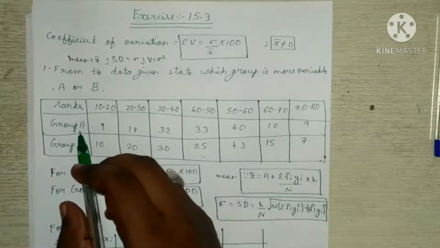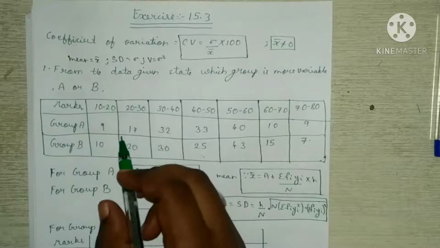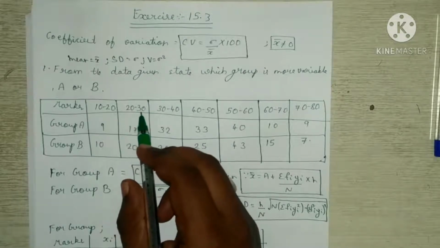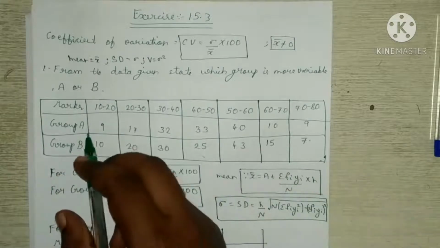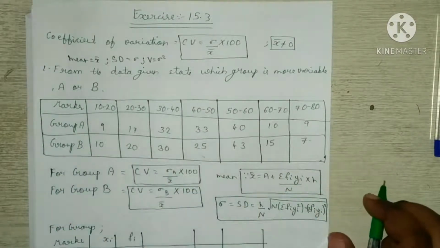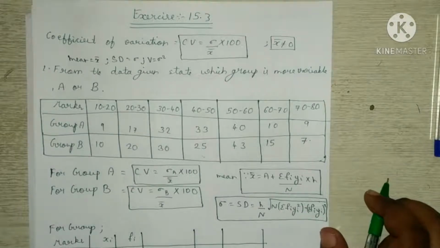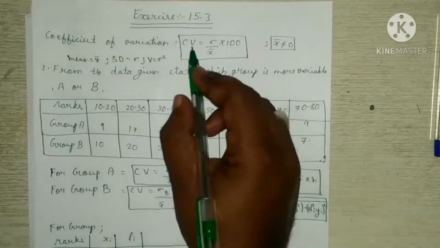In group A, 10 to 20 marks is scored by 9 people, and 20 to 30 marks is scored by 17 people. Which group, A or B, is more variable? We need to find this with the help of the coefficient of variation, the CV formula.